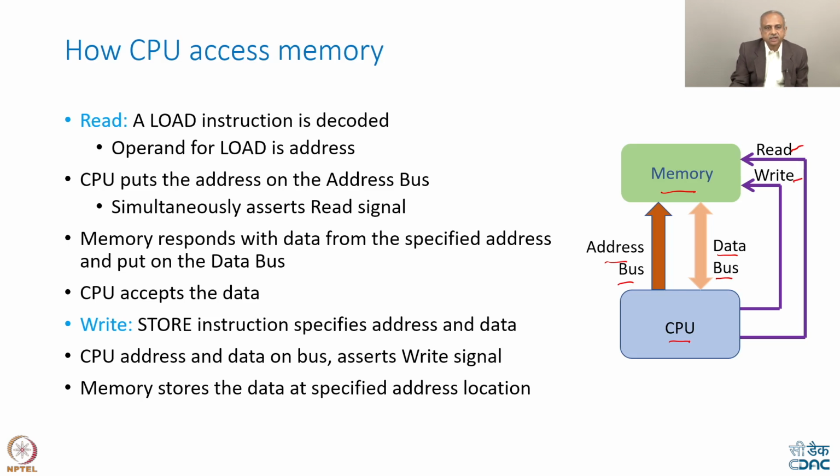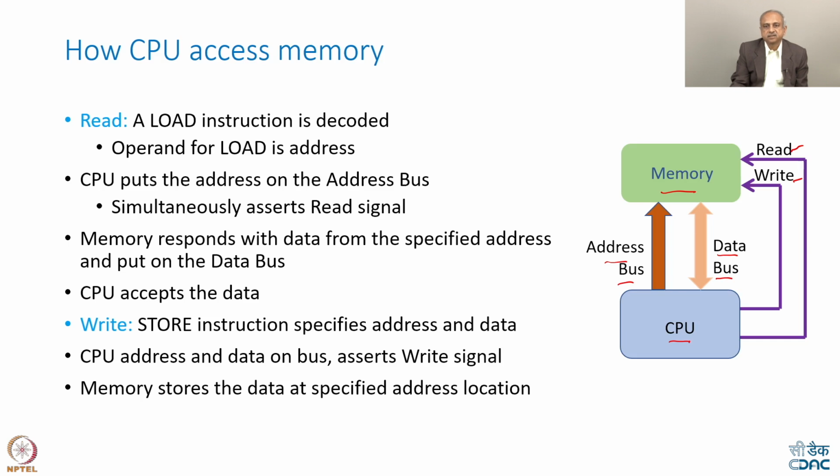Read is initiated when a load instruction is executed by the CPU. It begins with decoding of the instruction. Once the CPU knows that this is a memory read cycle, along with the load instruction it will get the address from where the data is to be read.